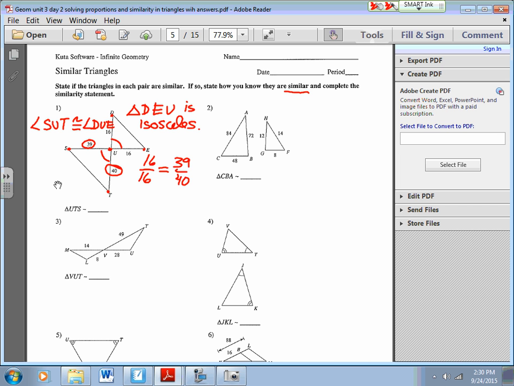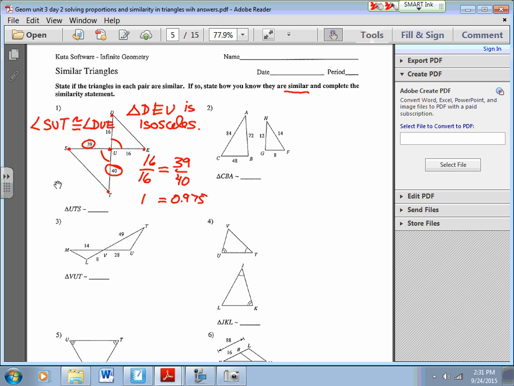What do you think? 16 over 16 is 1, isn't it? What's 39 over 40? What number do you get? Those numbers are close to each other, right? But they're not equal. So that means these sides are not proportional.